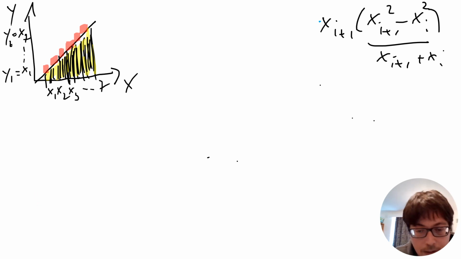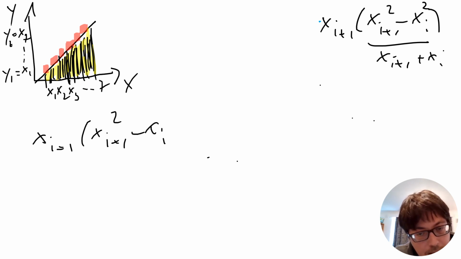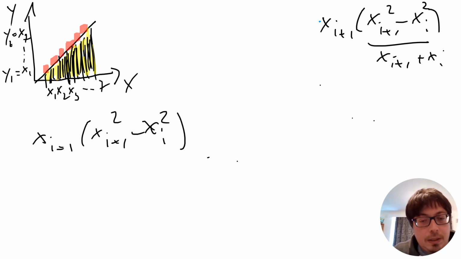So here we can write the following: xi plus 1 square minus xi square. And now we want to keep this difference explicit, but we know that xi plus 1 and xi are very close to each other.